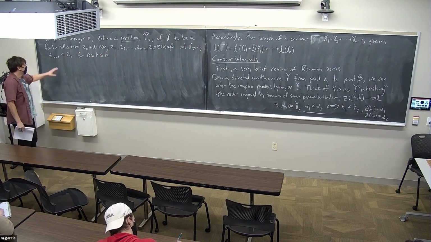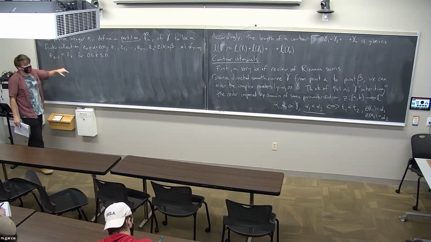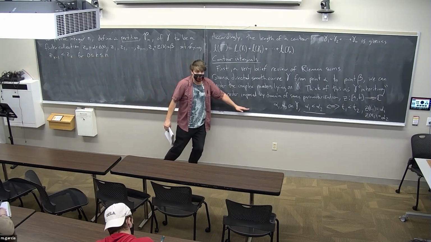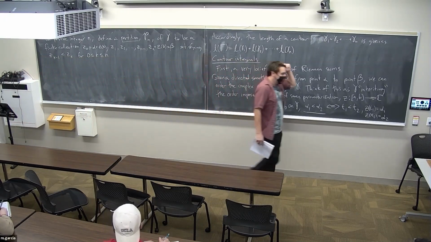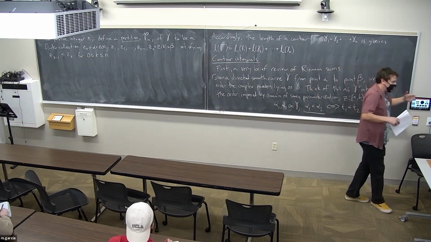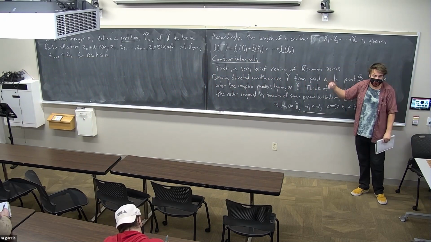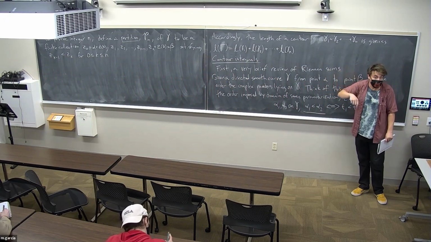And notice I'm comparing these complex numbers by this order relation that I just defined. Okay? Each of these finite points happens earlier in the parameterization of gamma than the next one down the line. Okay?